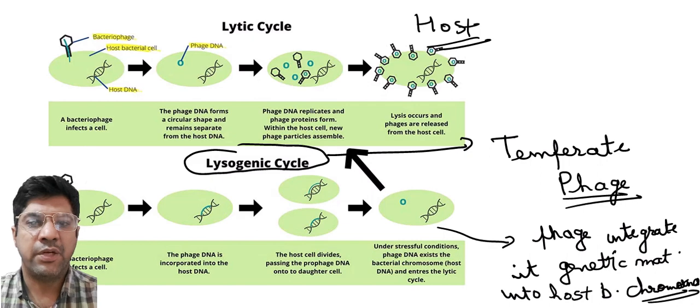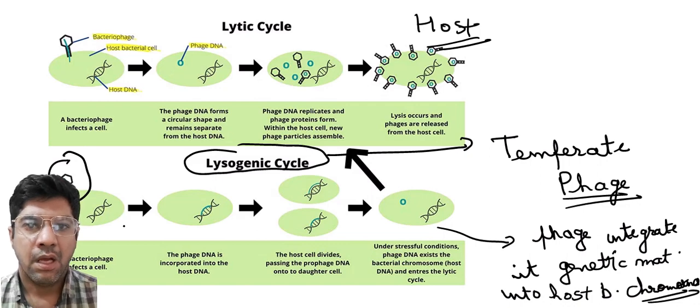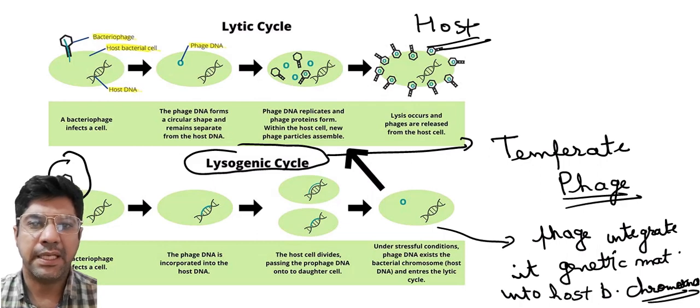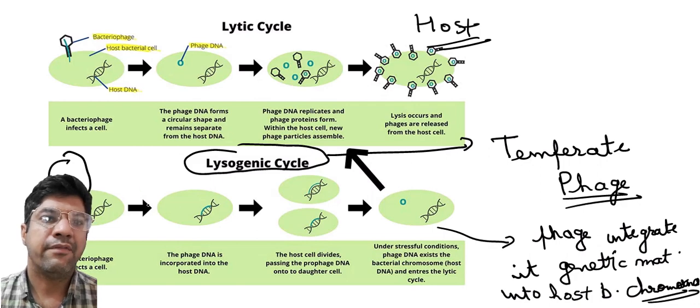First of all, similar to the lytic phase, the phage would attach to the host bacterium and inject its genetic material. Instead of replicating immediately, the phage DNA would integrate into the host bacterium chromosome. That would become the prophage.